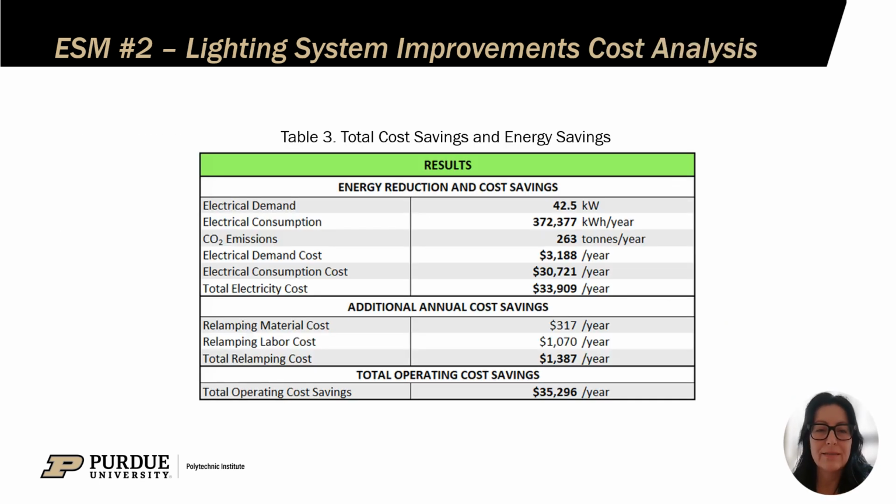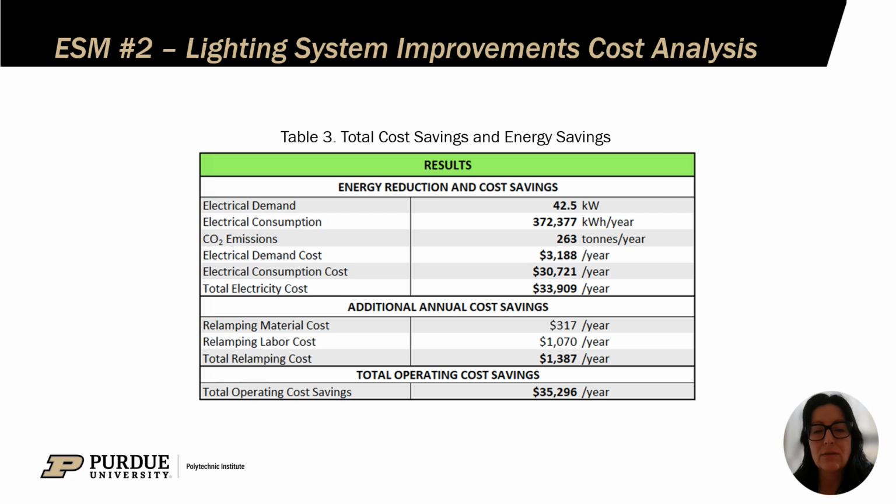Hi there, my name is Delilah, and I'm going to present the lighting system improvement cost analysis that we came up with. The table presented here represents the total cost savings and energy savings for this project. The total energy cost savings is $33,909 per year, which takes into account electrical demand, electrical consumption, CO2 emissions, electrical demand cost, and electrical consumption cost.